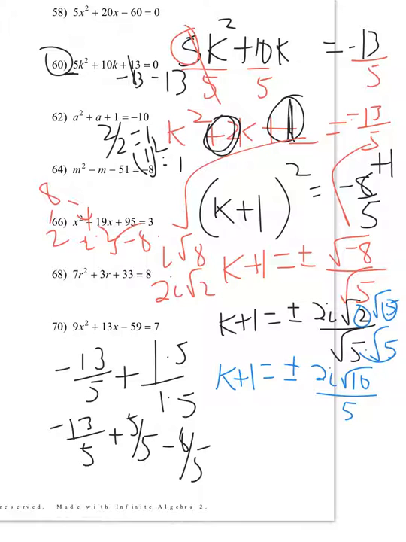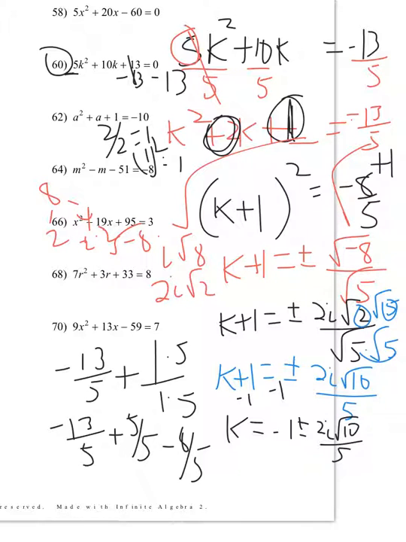Now I have to get my k alone, so I'm going to subtract 1. We're going to do it in front of the plus minus symbol. So it's k equals negative 1 plus or minus 2i square root 10 all over 5.